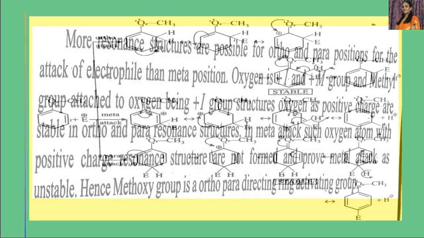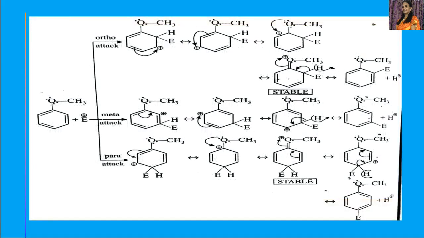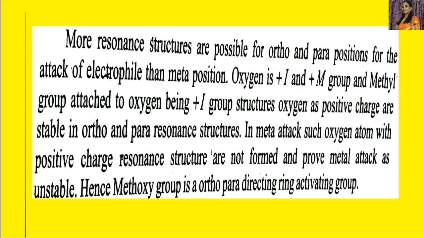We have discussed already that in ortho and para, the structures in which oxygen bears a positive charge are stable. In the case of meta attack, such resonance structures with a positively charged oxygen atom are not formed, and that proves meta attack as unstable. Ortho and para directing groups are ring activating groups.